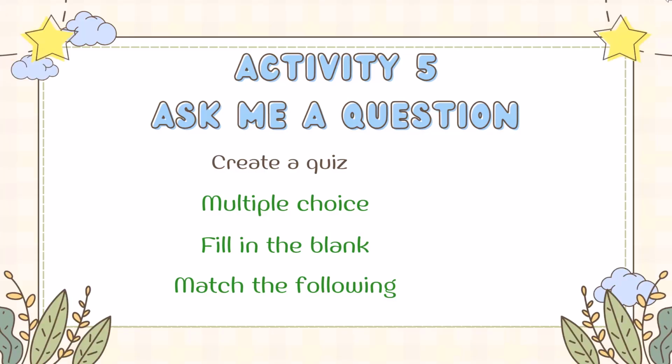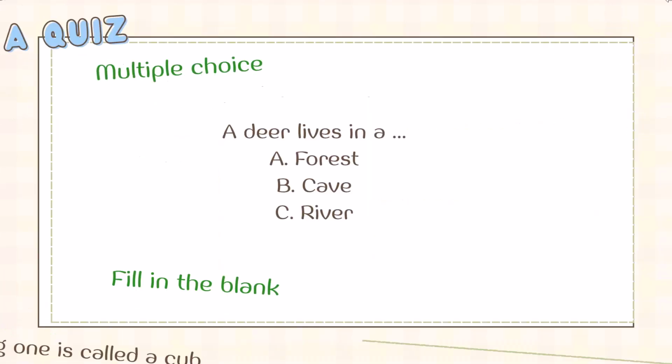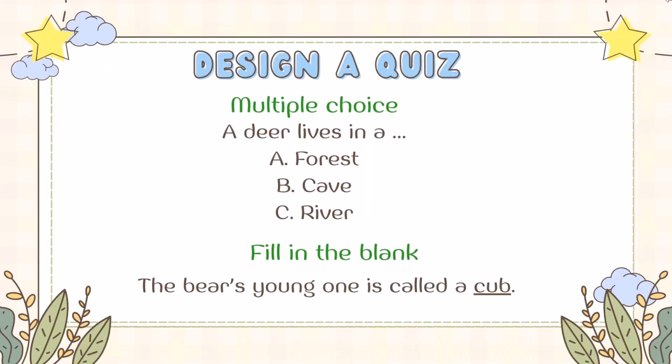Activity 5. Ask me a question. Create a quiz using the information you have learned from the previous activity. There are 3 rounds of question framing: multiple choice, fill in the blank, and match the following. Multiple choice: a deer lives in a forest, cave, or river.